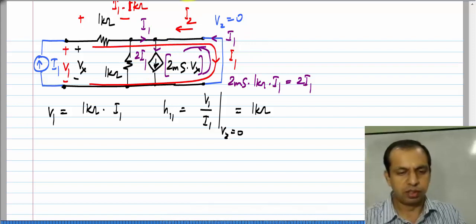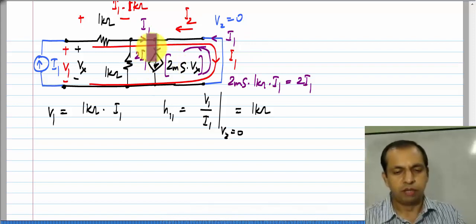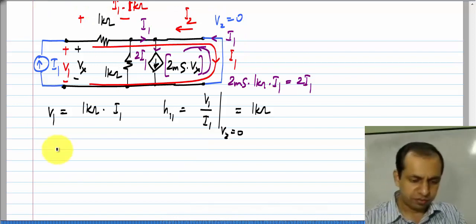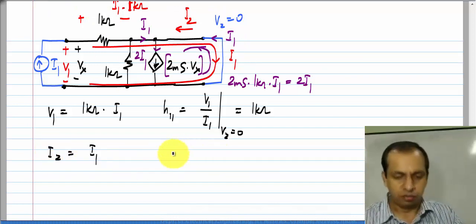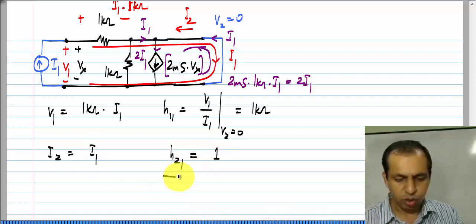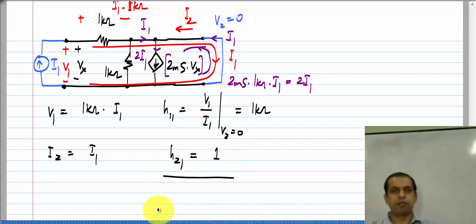If this control source has a different proportionality constant, it would be different. So, we have I2 equals I1, which tells you that H21 is nothing but 1. Okay. So, that is the value of H21, the current gain from port 1 to port 2.